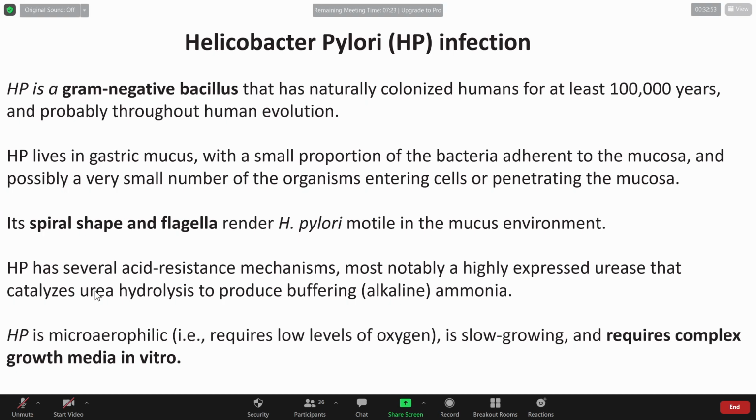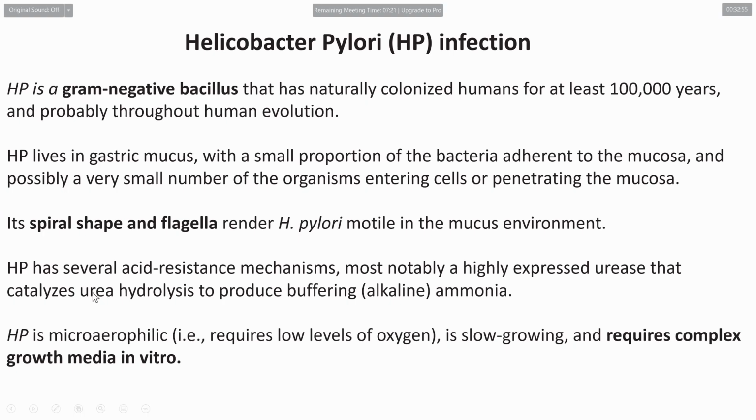Urease is the enzyme which hydrolyzes urea, changing it into ammonia. So urea to ammonia, urease activity. In the acidic environment, it creates a neutral environment surrounding it by neutralizing the acid, producing ammonia from urea.